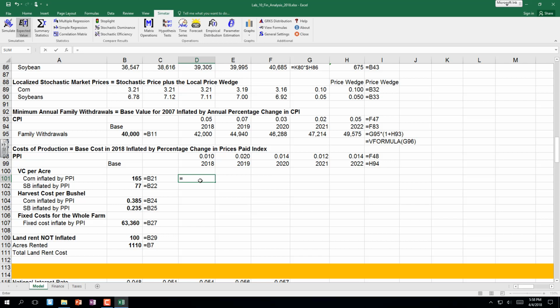So I should be able to just say equal for corn per acre cost of 165 times left parentheses 1 plus this inflation rate. And I'm going to lock that inflation rate because I know I'm going to drag it down. Okay? So it'll be $D$98.